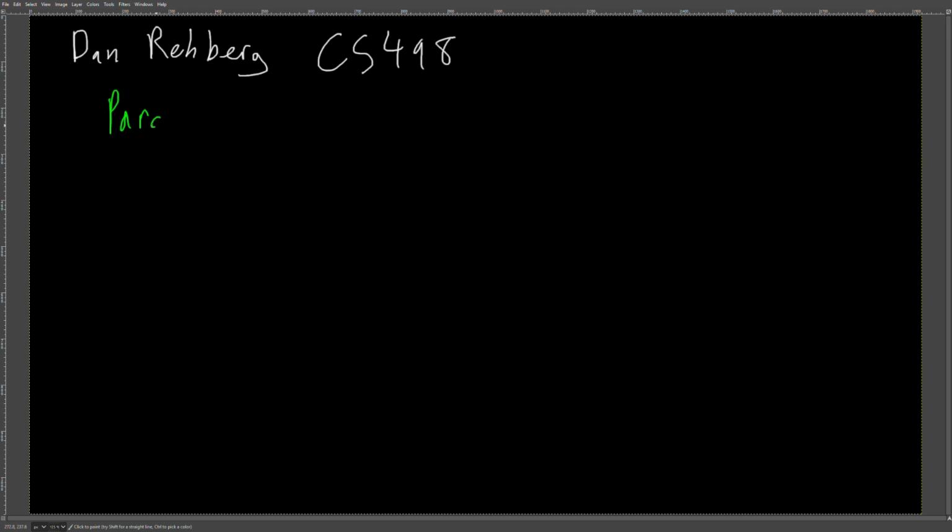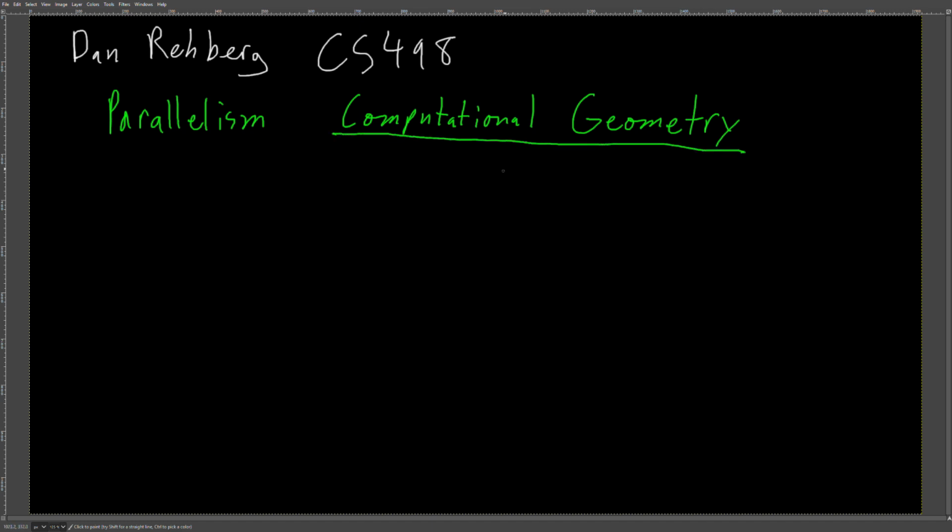The topic that I chose to research was a combination of parallelism as well as computational geometry. The aspect that I looked into in computational geometry is specifically collision detection, and the intention here was to see if I could devise an algorithm of collision detection that would run in a parallel environment.